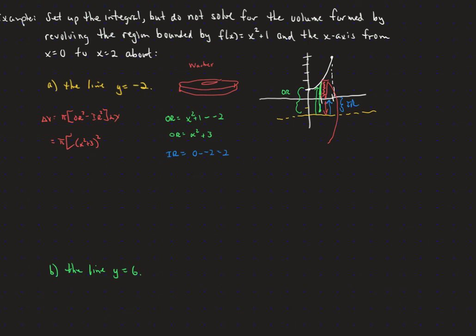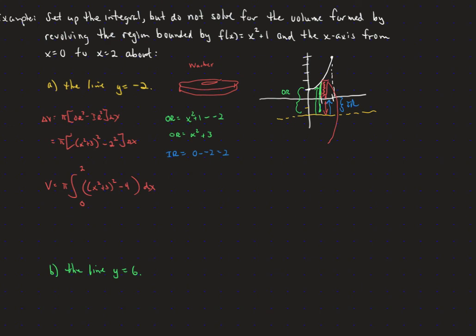So our hole is always going to be that radius of 2. So we will go then -2 squared, and that'll be a delta x. So our volume, and we're just going to set it up, is going to go from 0 to 2, and it's going to be x squared plus 3 squared minus 4, and then the dx.